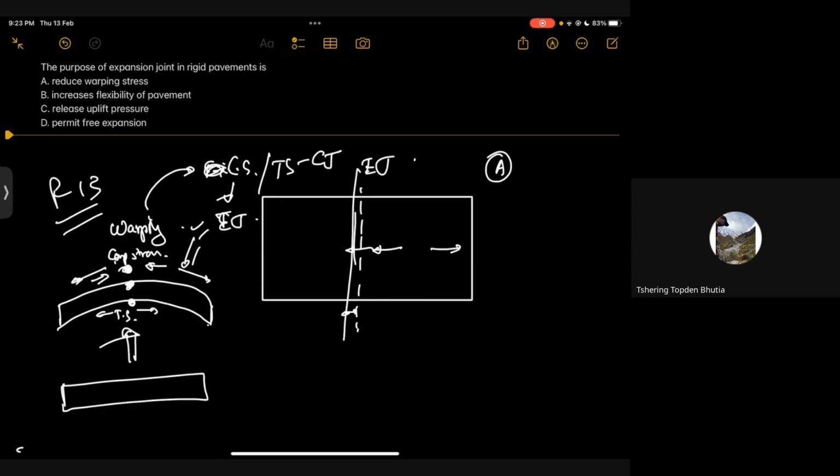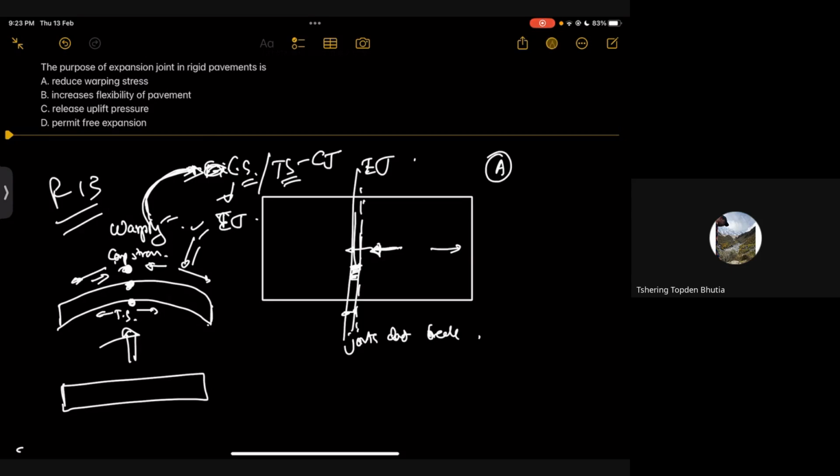Okay, this is the result of this: it causes compressive stress and tensile stress. But the actual purpose of an expansion joint is not to reduce warping stress. The logic is that we keep it open so that when the pavement expands it can move freely, so that the joints don't break.